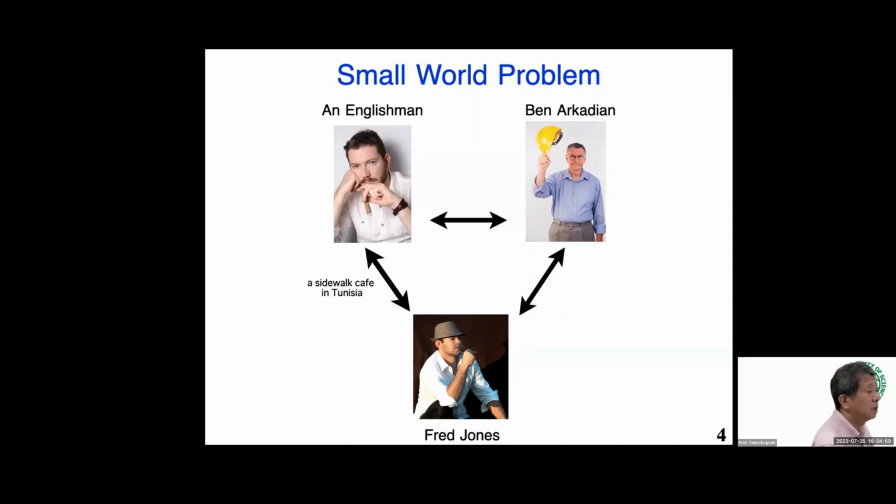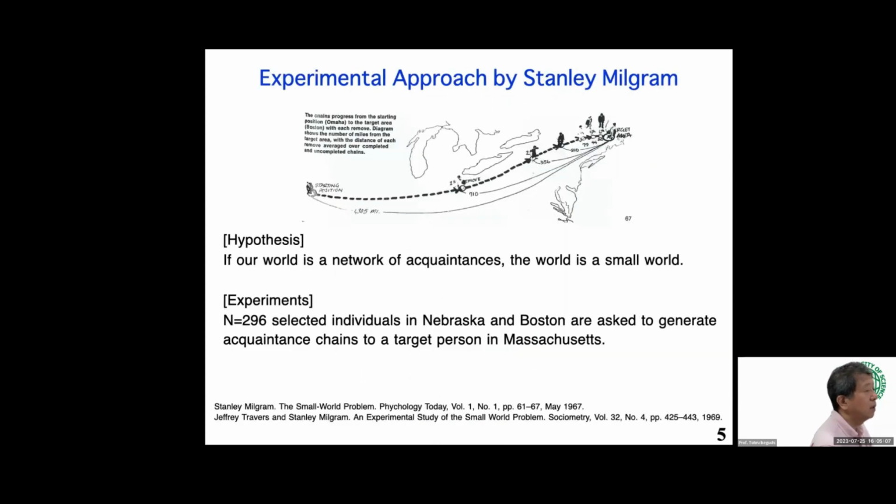And in fact, I think that you all have experienced something like this. When A and B, and A and C are acquaintances, B and C are often acquaintances as well. So this American psychologist, Stanley Milgram, tried to confirm such a small world phenomenon by an experiment.